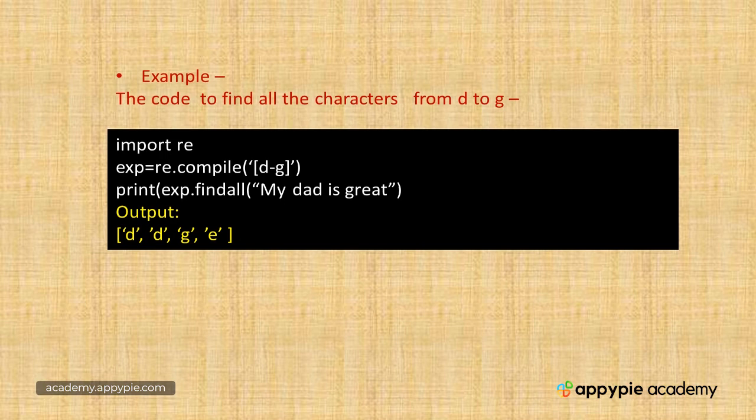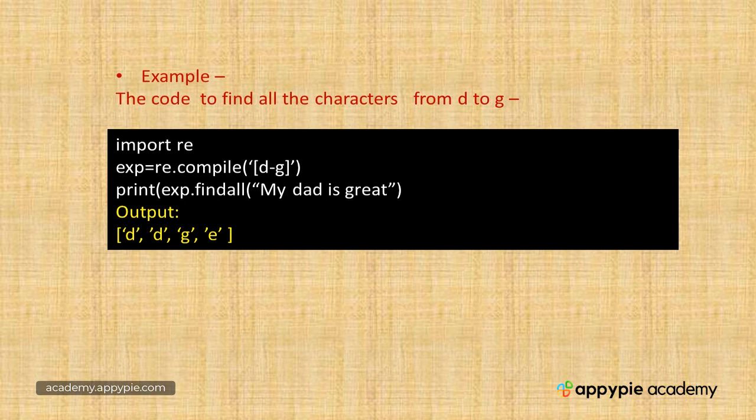So D-G means all the characters are searchable starting from D. D is inclusive. D, E, F, G. So D, E, F, G, 4 characters. Whatever string I use as my argument, it will search only those characters which are either D or E or F or G.